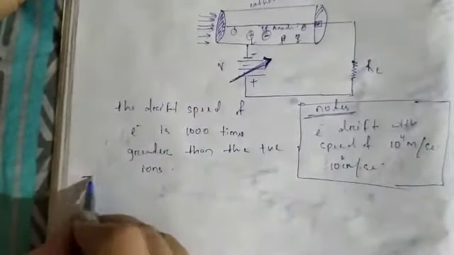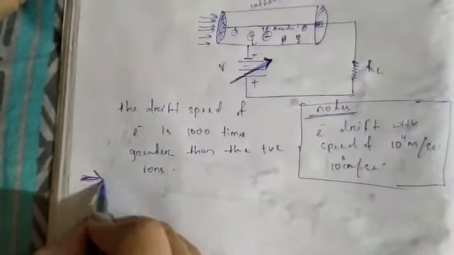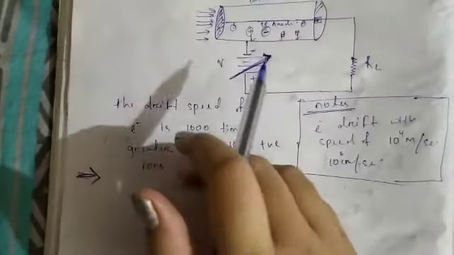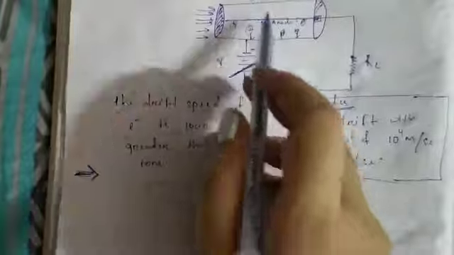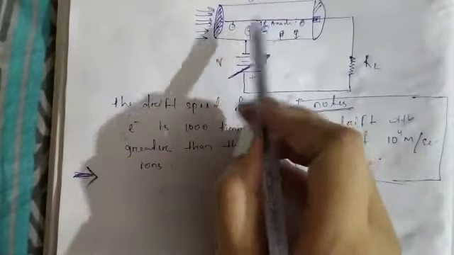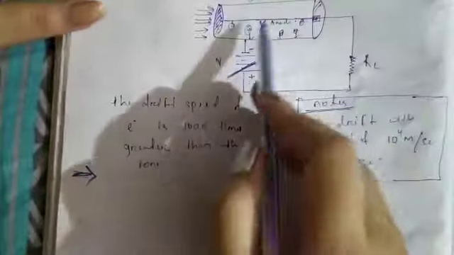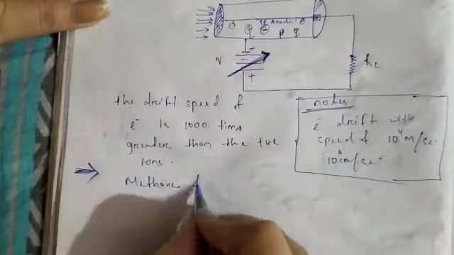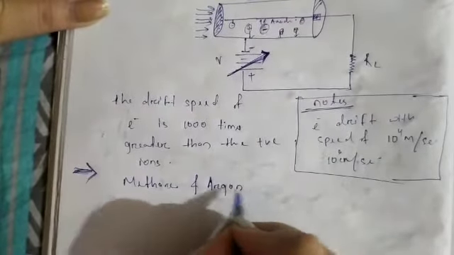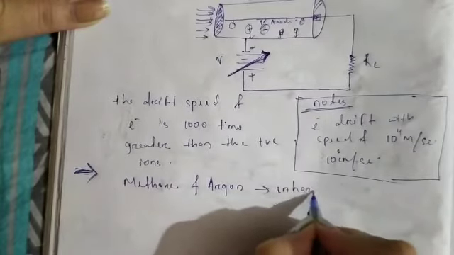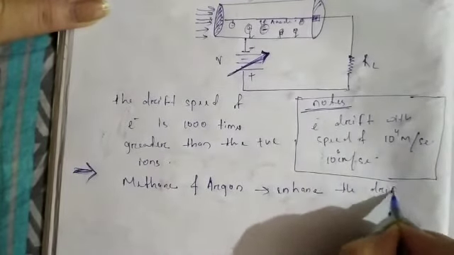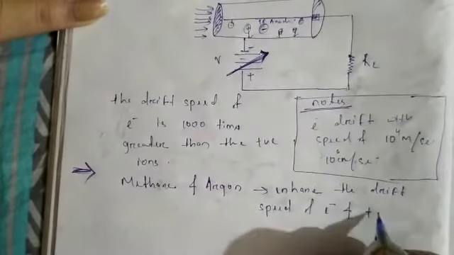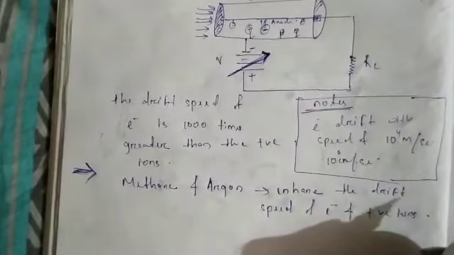There is a point you can also note: if you use methane and argon gases in this chamber, they enhance the drift velocity of electrons and positive ions, so they are very useful. So methane and argon enhance the drift speed of electrons and positive ions.